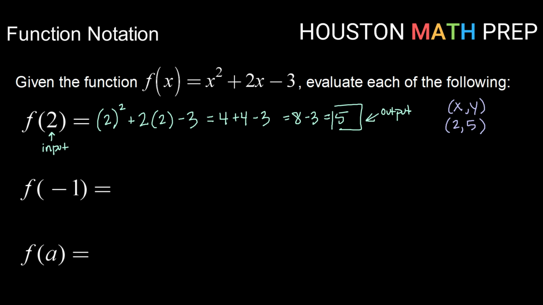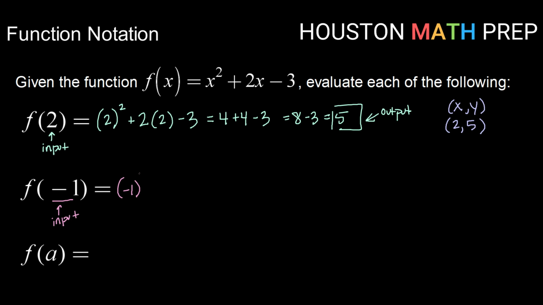Okay, let's try that again. Now, taking a look at f of negative 1. So again, whatever's in the parentheses here, that is your input. So that means we're going to take our definition and we're going to replace the input of x with an input of negative 1.